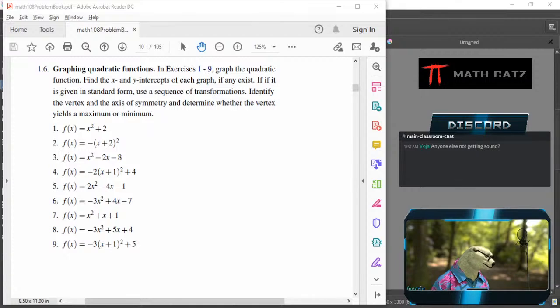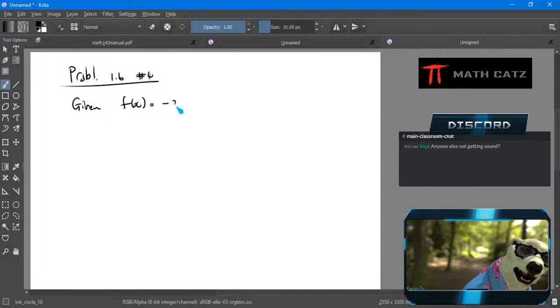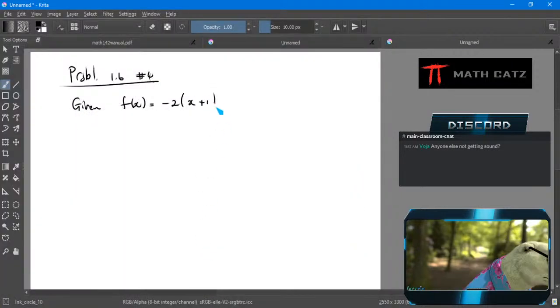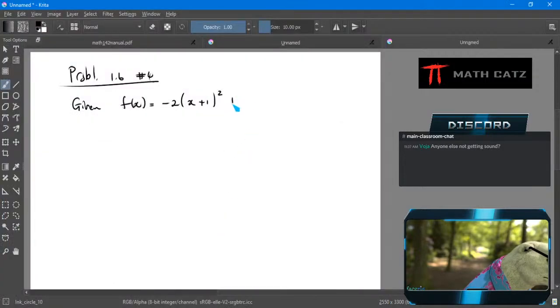We're given f of x equals negative 2 times (x plus 1) squared, and then we have a plus 4.